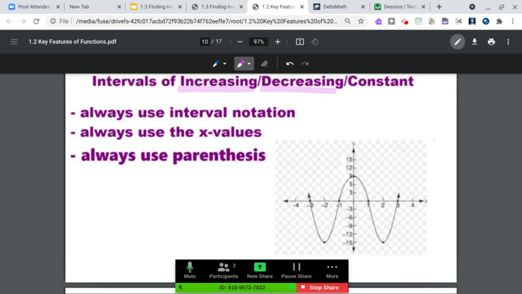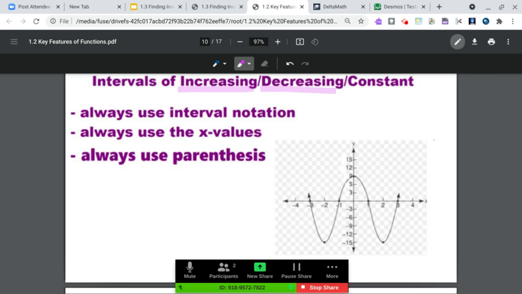Now, we won't see constant very often because constant means it's just going to be a flat piece of the graph. You'll see that more when you go to pre-calculus. But for math 3, you're really going to just look at increasing and decreasing most frequently.